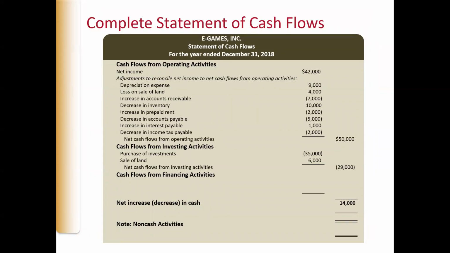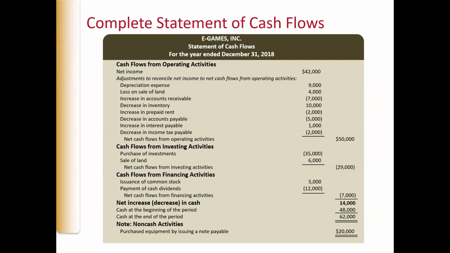So here we have a complete statement of cash flows. The adjustments under the operating section to reconcile net income to net cash flows from operating activities. As you see, that's really the hardest section, guys, in this statement of cash flows.